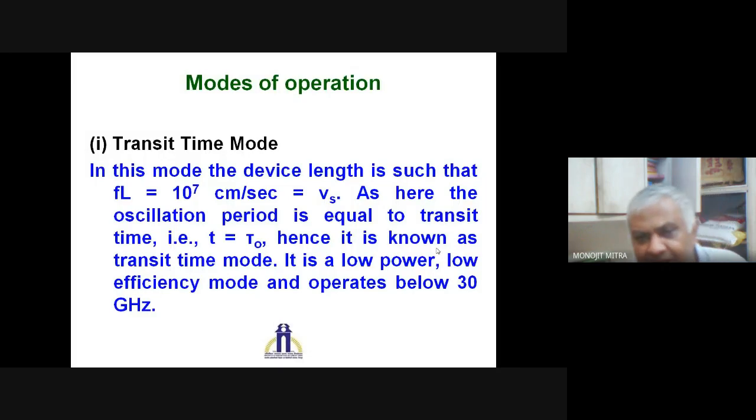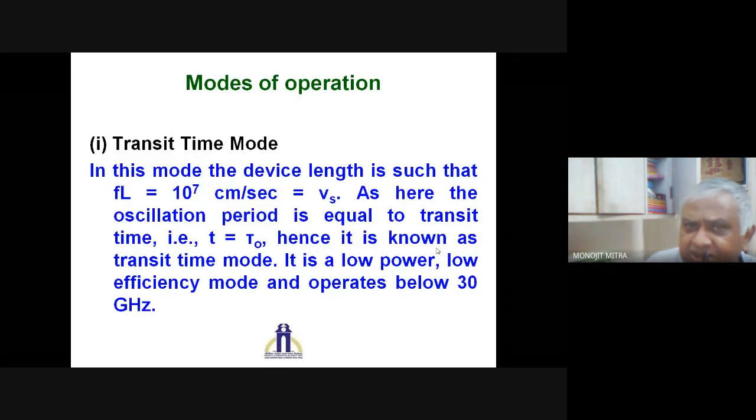When the electron velocity is less, that means your electric field value or voltage is low, because this field and voltage is responsible for the velocity, Vs or Vd. So when the field value or applied voltage is low, then Vs or Vd will be low, then automatically your transit time will be higher, meaning frequency will be lower.